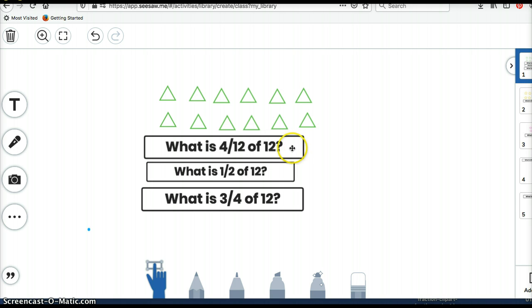So let's look at the fraction now. Here we notice that we have the fraction 4/12. The bottom number tells us that we need 12 equal pieces to make a whole. So here is my 12 equal pieces of the whole.